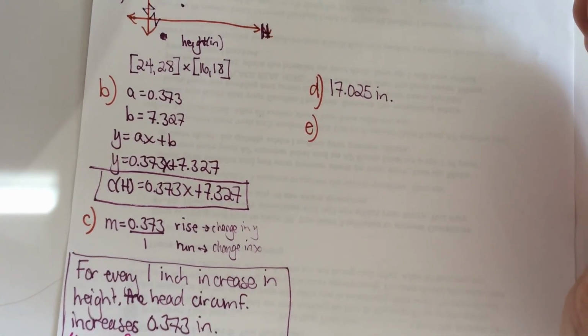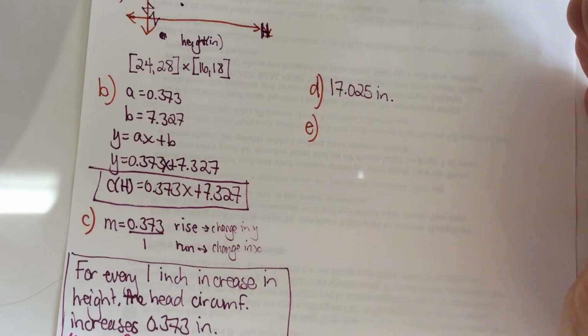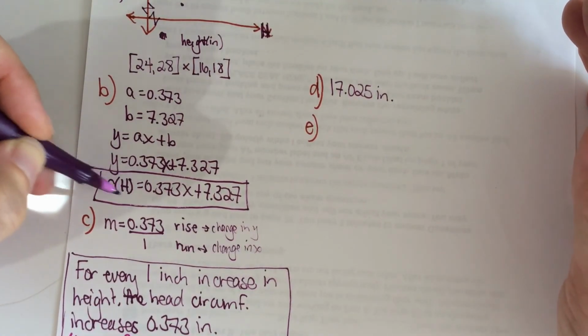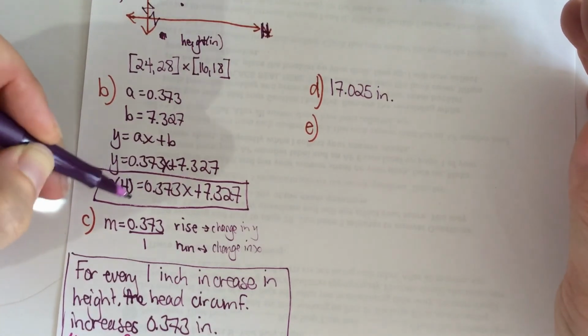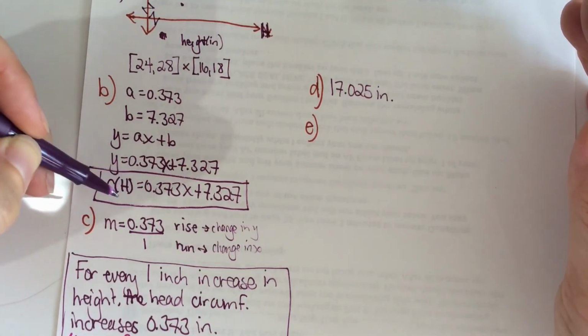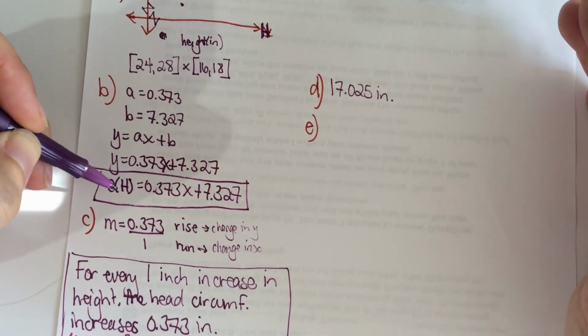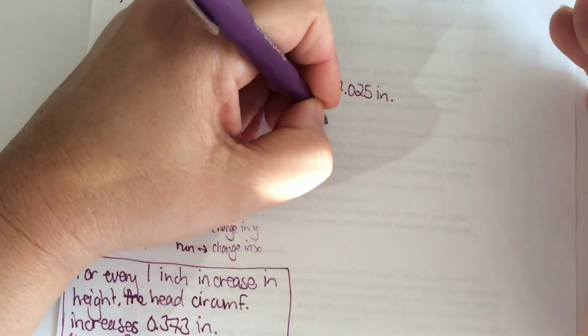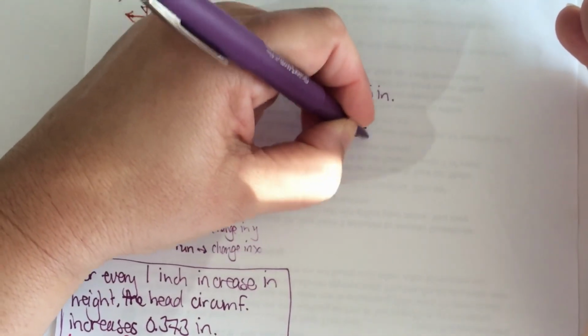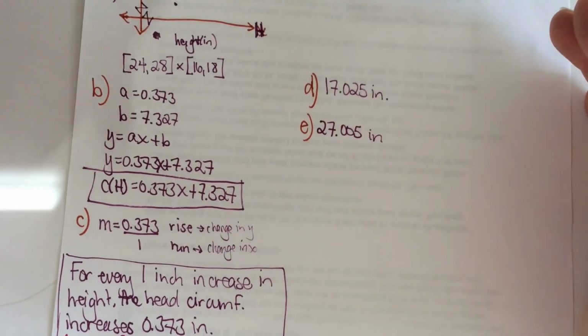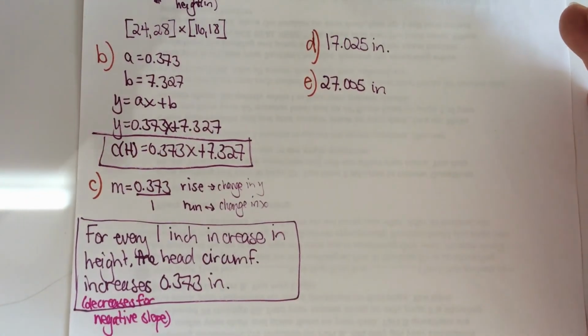And then E says, what is the height of a child whose head circumference is 17.4? So now they're giving us the y value. We're going to plug in 17.4 and we're going to solve this equation for x. Okay? And for that, you should get 27.005 inches.